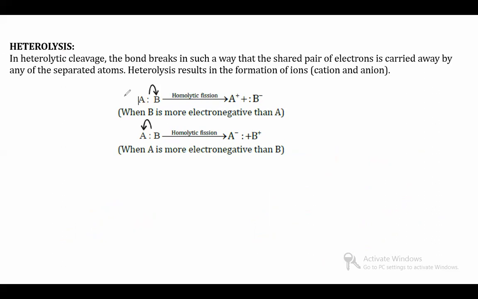So we use the word attacking reagent. In the presence of an attacking reagent, it is either an E plus or a Nu minus. E plus is the electrophile, and Nu minus is the nucleophile. Electrophile and nucleophile, we'll see the difference.